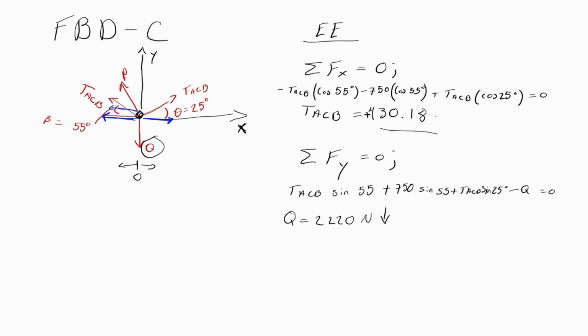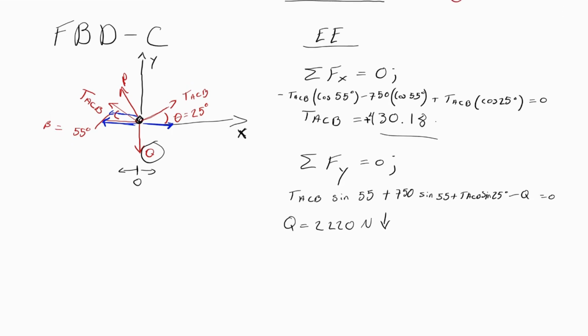And in case I didn't mention it before, the reason why we started here with the x coordinates is because Q doesn't have any x coordinates. If we started with the y and not the x, the y has Q plus it has TAC V, so we would have two unknowns, and that would make it a lot more difficult.